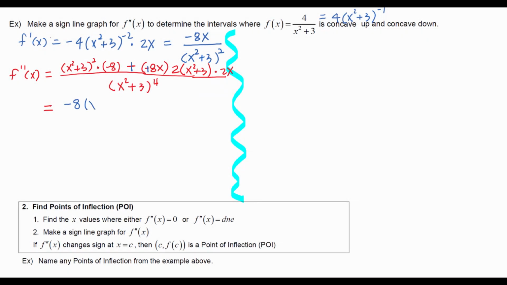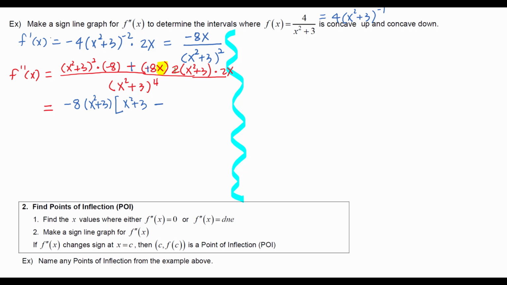So the common factor is x squared plus 3 to the first power. Negative 8 is out. X squared plus 3 to the first power is out. So from the first factor, I still get one factor of x squared plus 3. And because it is power 1, I will not use parentheses anymore. And I took the negative 8 out, so this should be negative in between now, so that negative times negative gives you positive back.